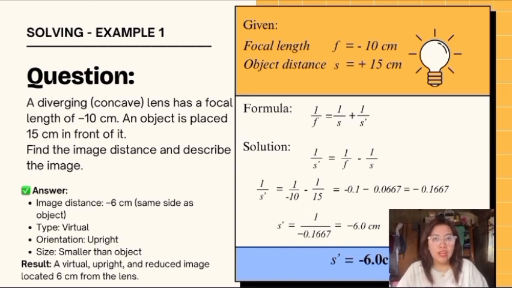So, 1 over s prime equals 1 over negative 10 minus 1 over 15, which is negative 0.1 minus 0.0667, which equals negative 0.1667. Therefore, s prime is equal to 1 over negative 0.1667, which equals negative 6 centimeters. Since s prime is negative, the image is virtual, upright, and smaller than the object. The image is formed on the same side as the object as well.